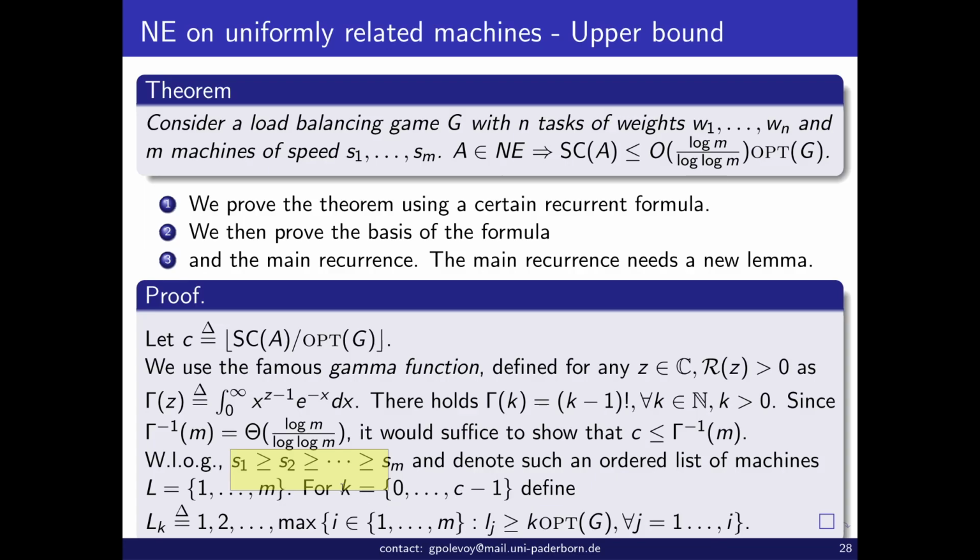So we assume that there is this order, and we define these prefixes of L. And of course, if, for example, k is equal to 0, then this condition is trivial, because every load is at least 0. And therefore, Lk then is the whole list. If k is too large, then it's not. So you understand the idea.